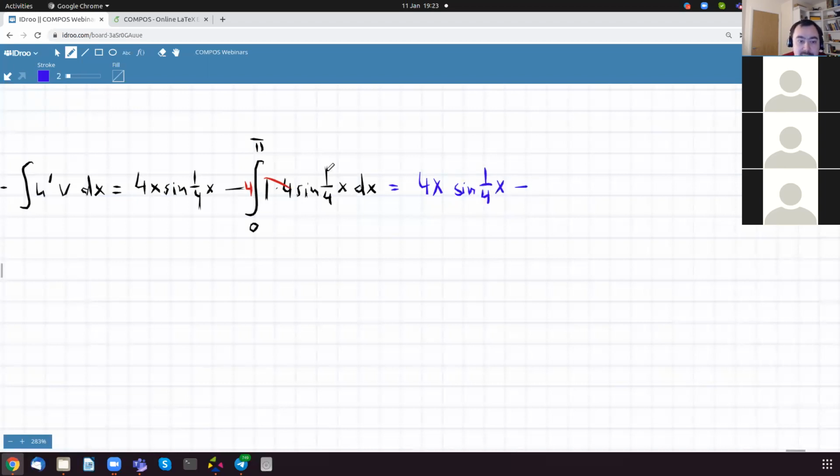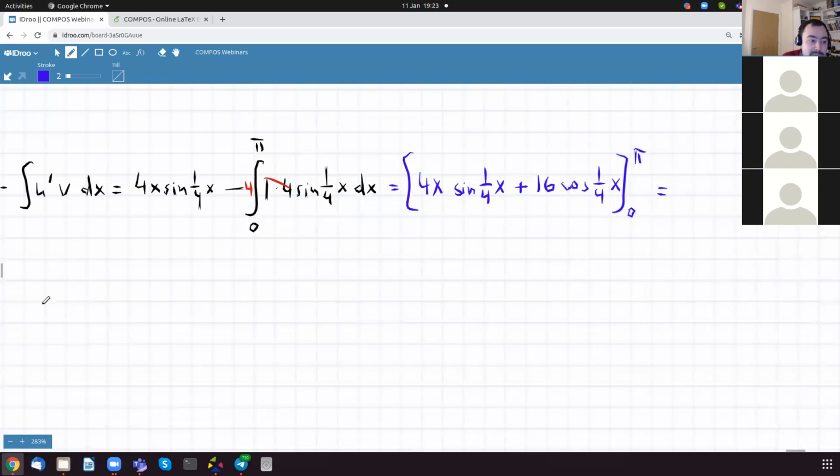Now minus 4 times the integral of 1/4 sine of 1/4 x is minus 4 cosine 1/4 x. So it's going to be plus 16 cosine 1/4 x. And all of this between limits 0 and pi.